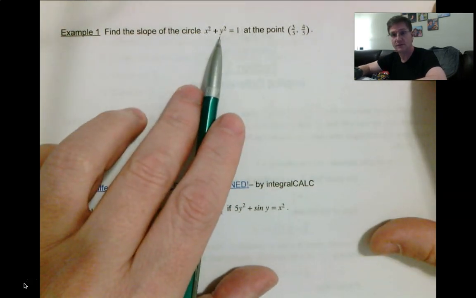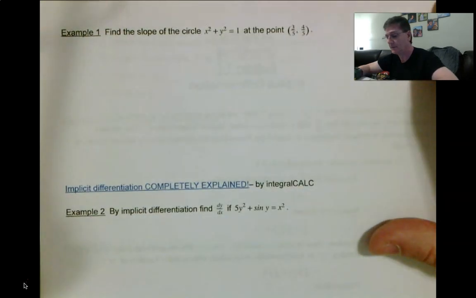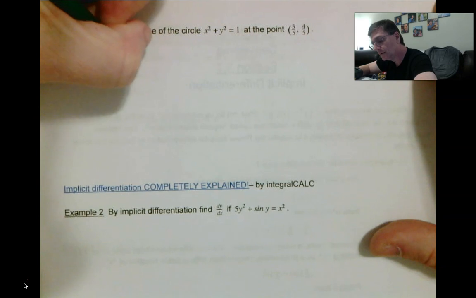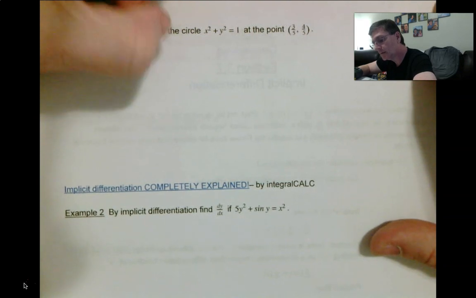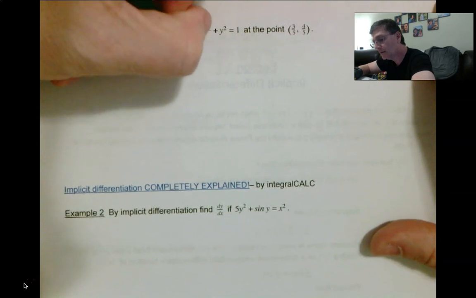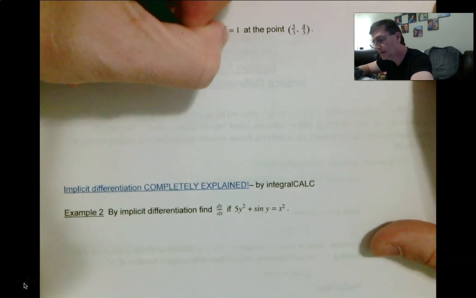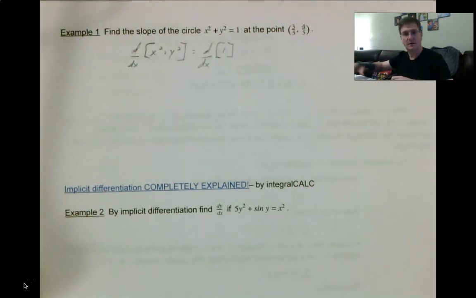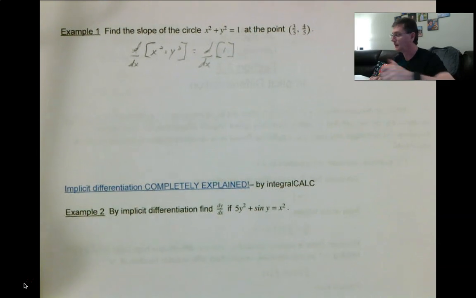I'm going to solve this derivative implicitly, which means I'm going to take d/dx of x squared plus y squared equals d/dx of 1. Take the derivative of the left side of the equal sign, and the derivative of the right hand side of the equal sign.